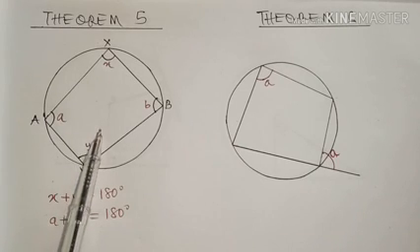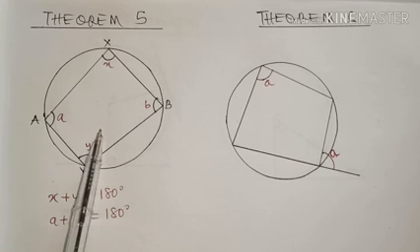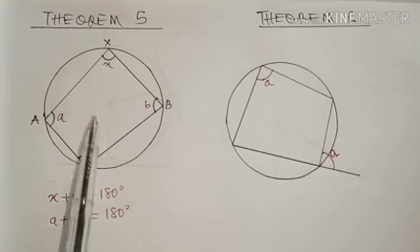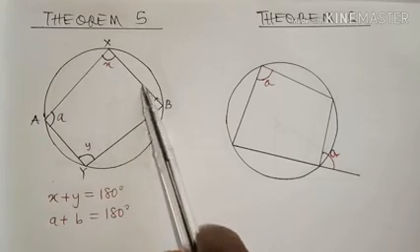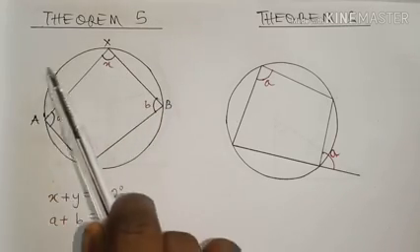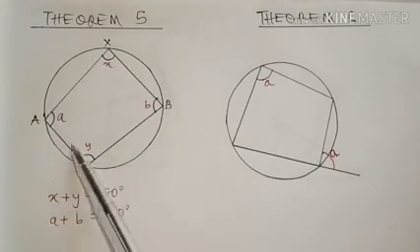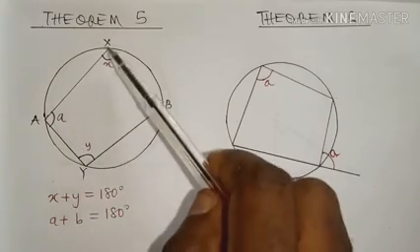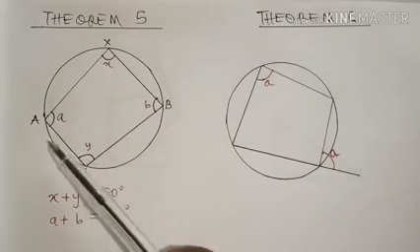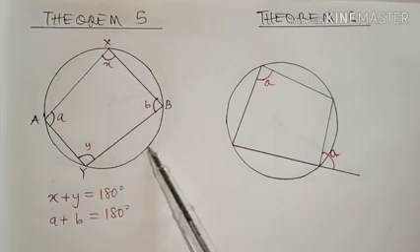This theorem states that when you have a cyclic quadrilateral, meaning you have a quadrilateral inside a circle, not around the circle, but inside the circle, such that all the vertices of the quadrilateral are touching the circumference of the circle.